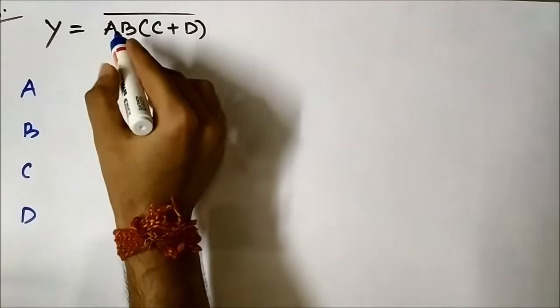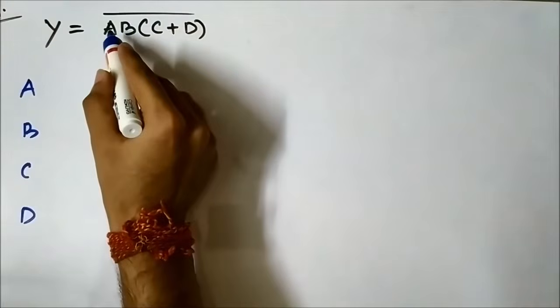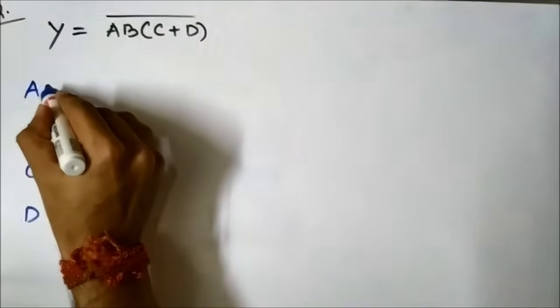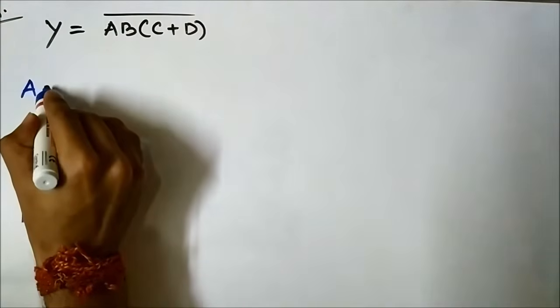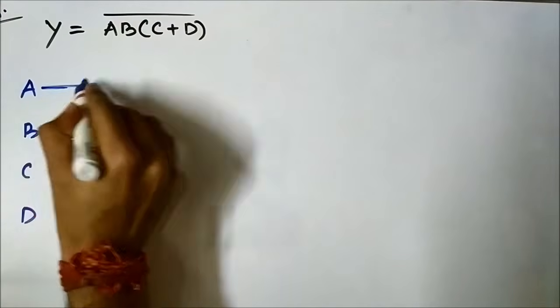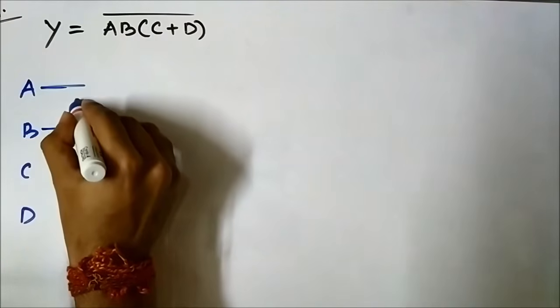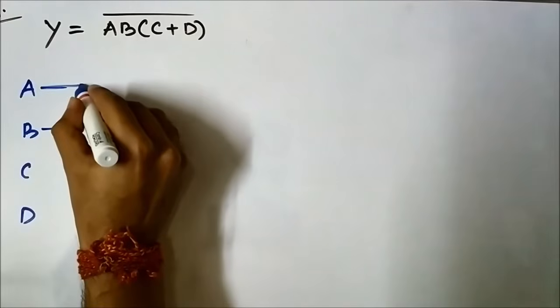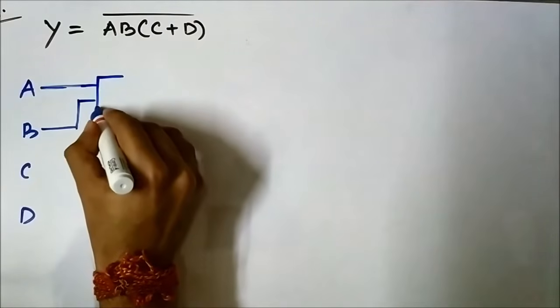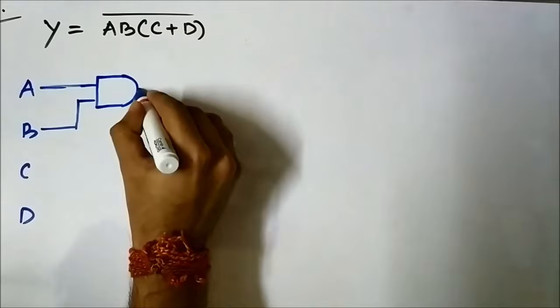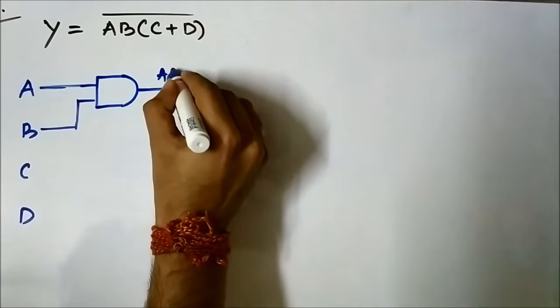Okay, so first let us get the individual terms. First let us get AB. For that we have to give the signals A and B to a 2 input AND gate. We get AB.